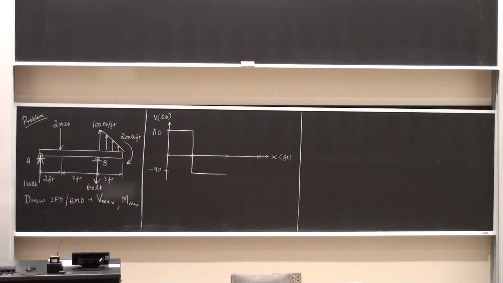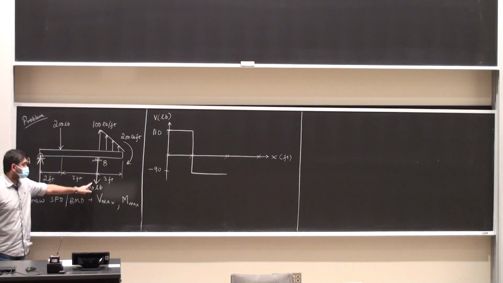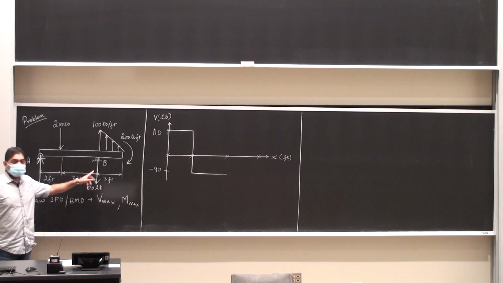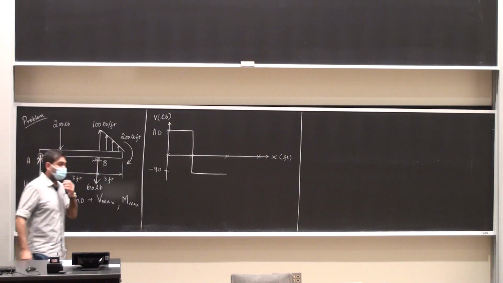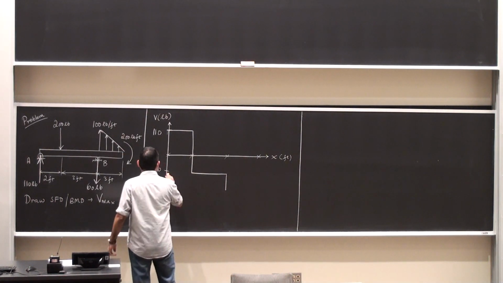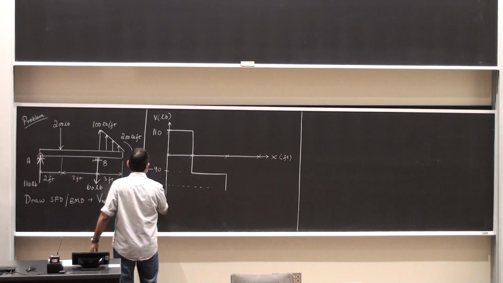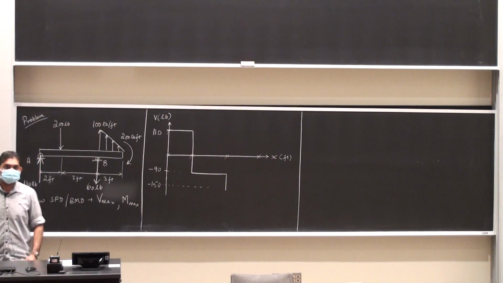The force of 60 pounds acting at point B is going to push me down further because it is acting in the vertically downward direction. So that's going to be 60 plus 90, which will take me to 150 pounds negative. Does this make sense to everybody?